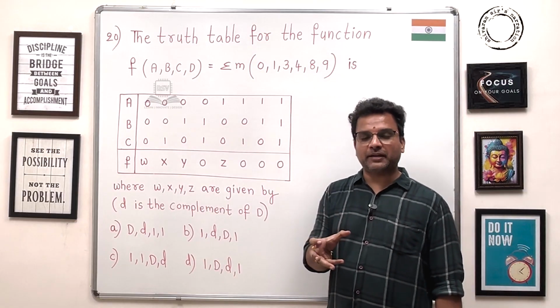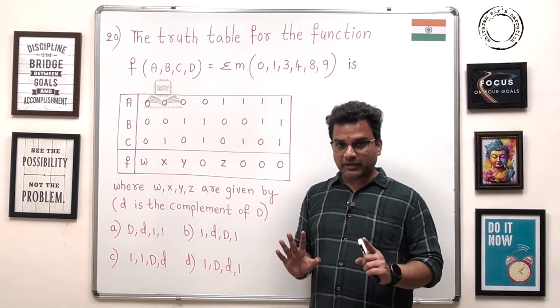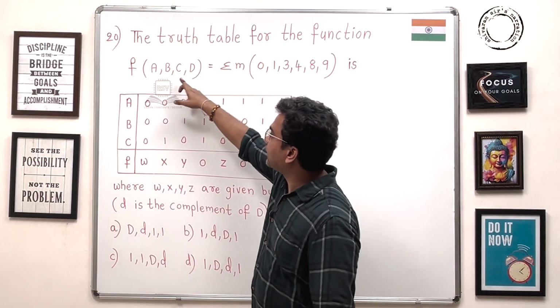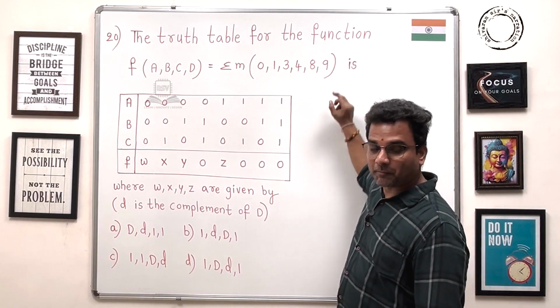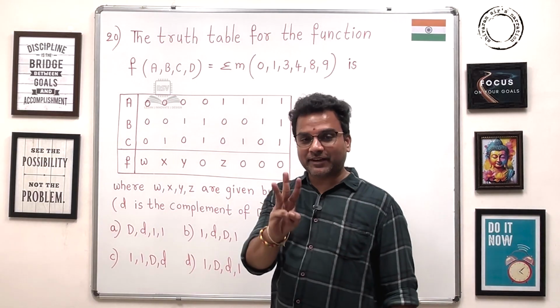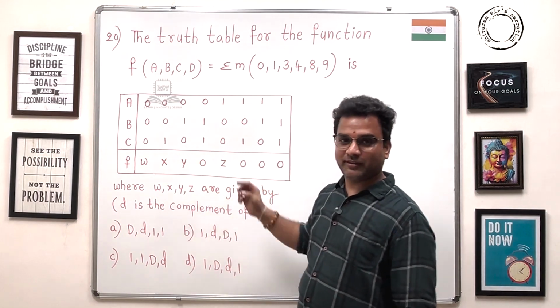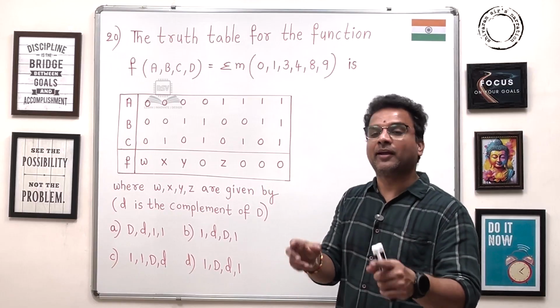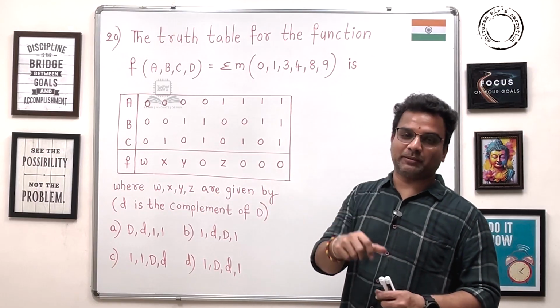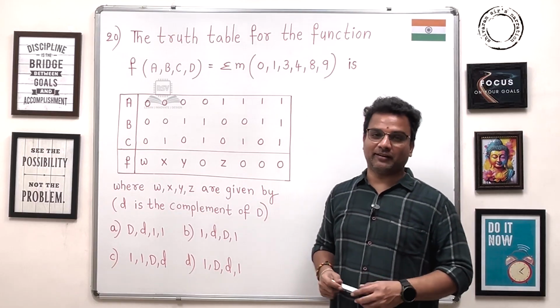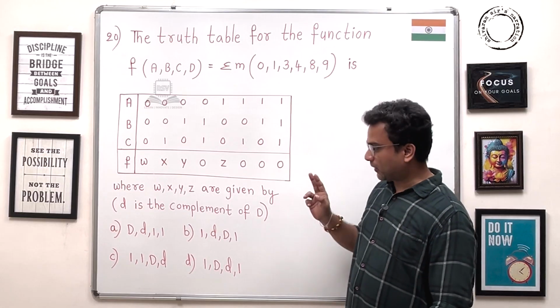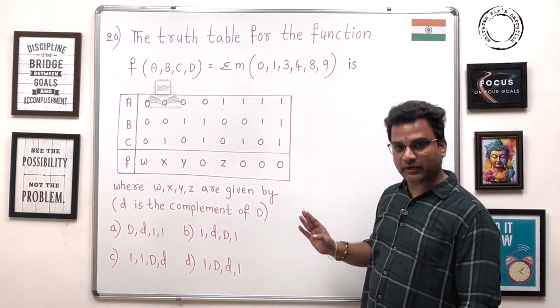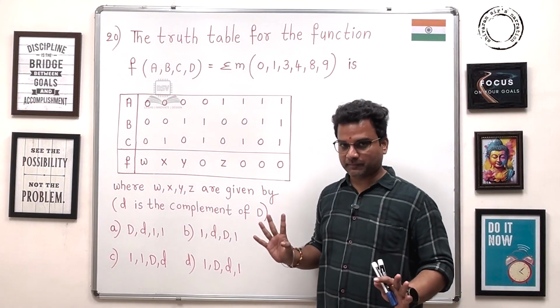Guys, the best part is here, it is a 4 variable Boolean function, but he has given a 3 variable truth table. So it's a big deal.